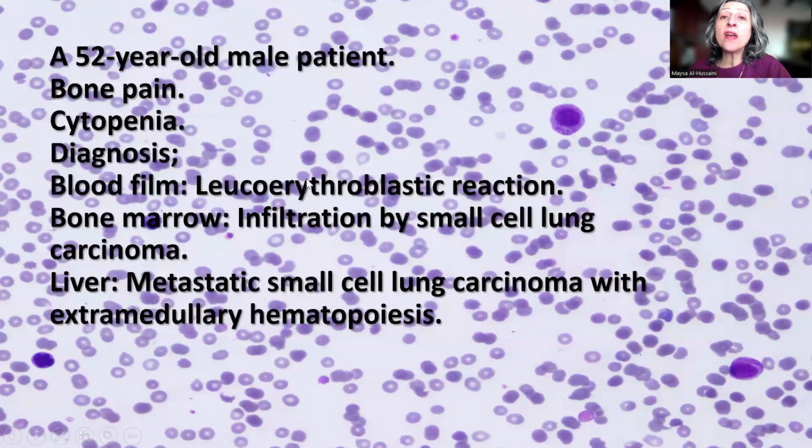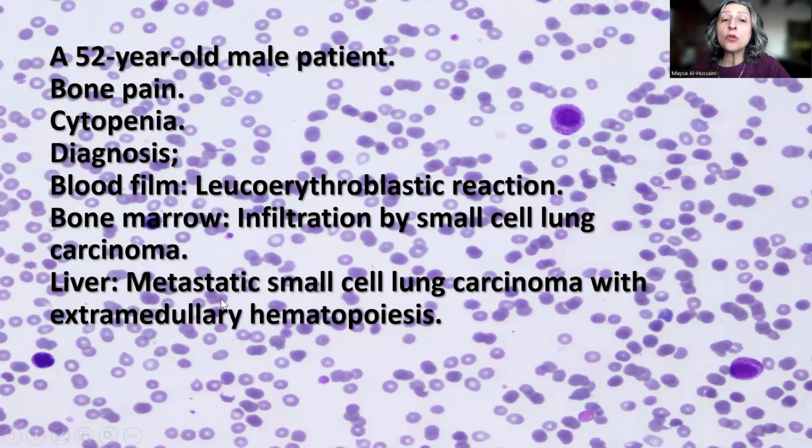bone marrow. So the final diagnosis in this case was: the bone marrow showing leukoerythroblastic reaction. The bone marrow trephine showed infiltration by small cell lung carcinoma, proven by morphology, immunostains, and correlation with the radiological findings.